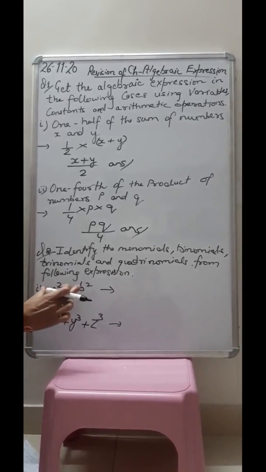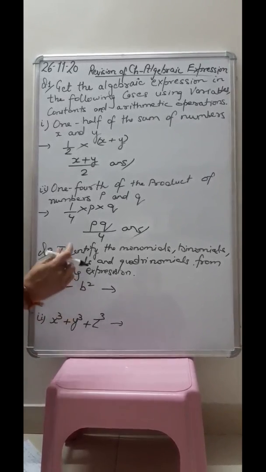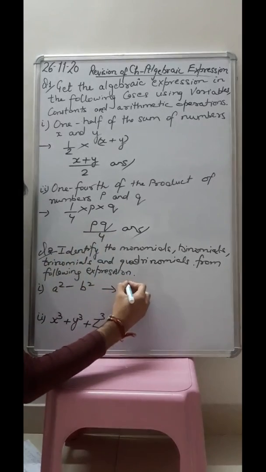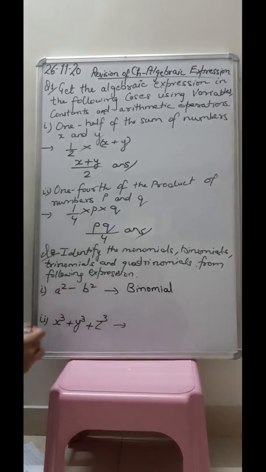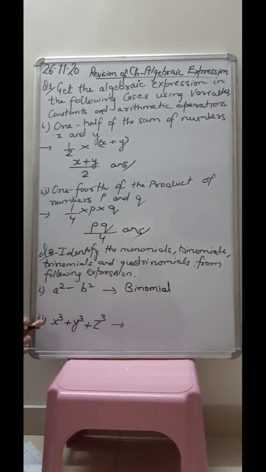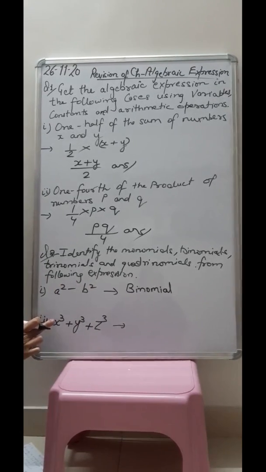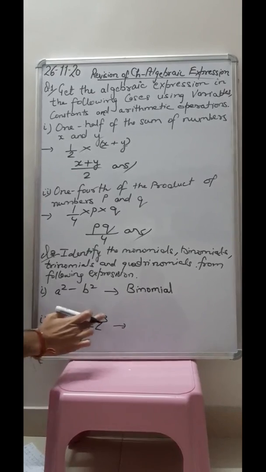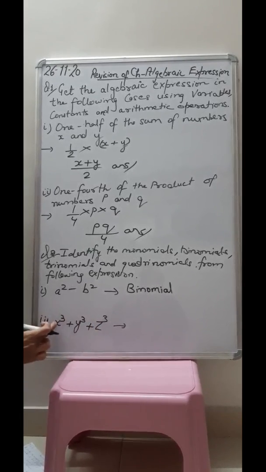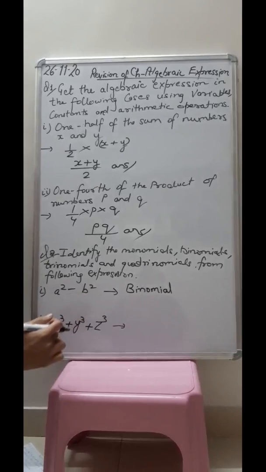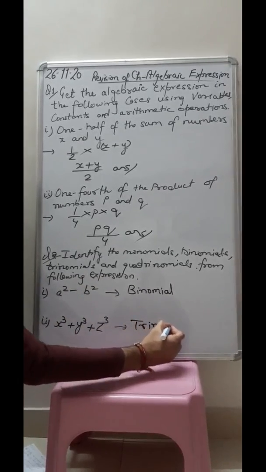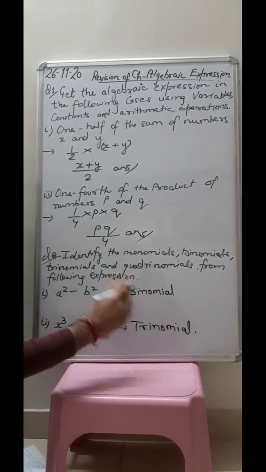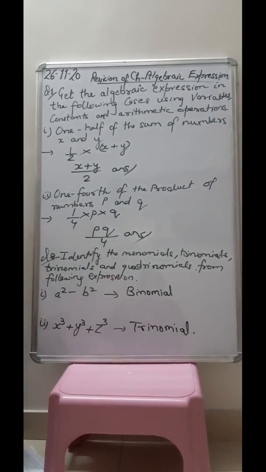Any expression which has two terms is called a binomial. And the second part is x cube plus y cube plus z cube. That means there are three terms: x cube, y cube and z cube. That means it will be a trinomial. In this way we can name the expressions.